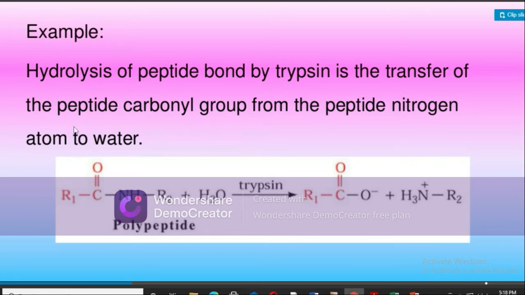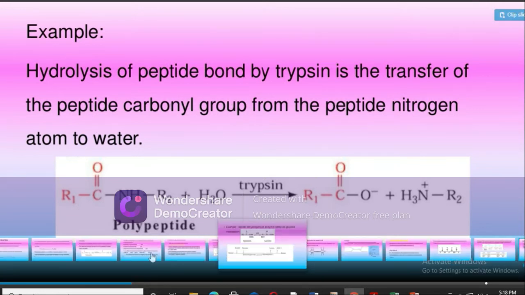You transfer the peptide carbonyl group from the peptide nitrogen atom to water. You see this carbonyl group is completely transferred to water. So we have two substrates, the polypeptide and water. And this is a carboxylic functional group with amines. So you use two substrates to produce two products. It involves transfer, so it is a transferase enzyme, which is trypsin.